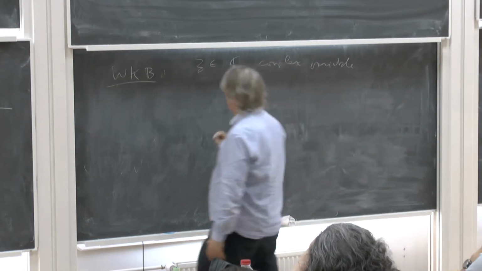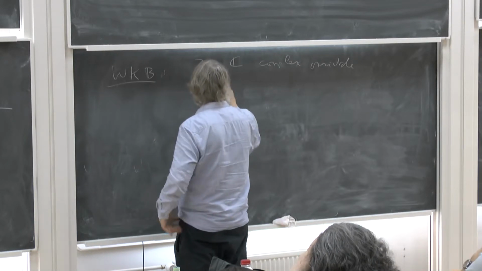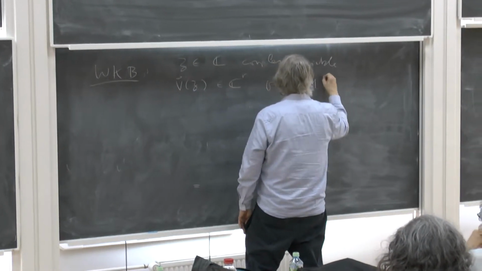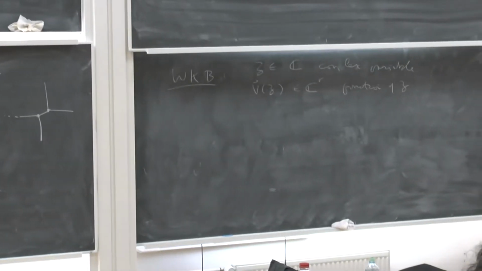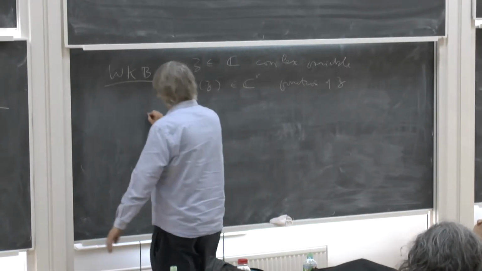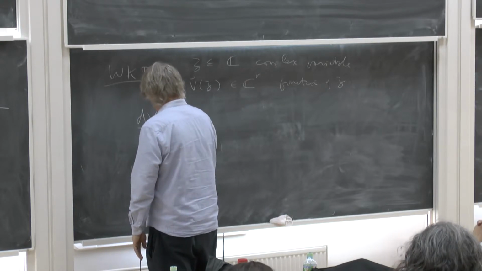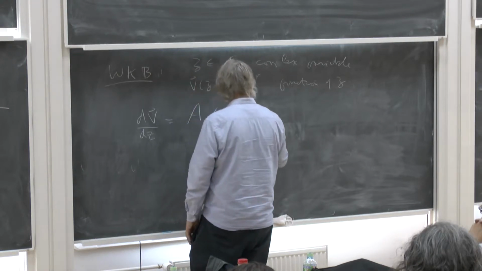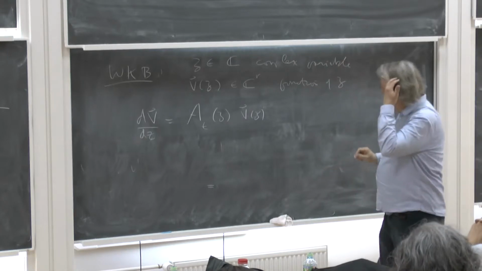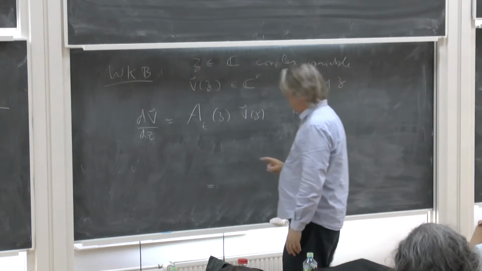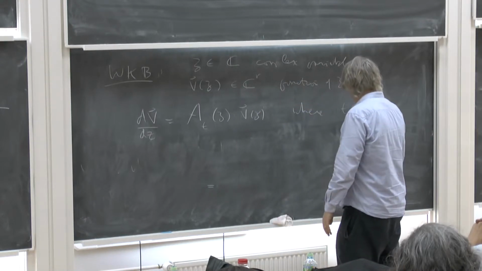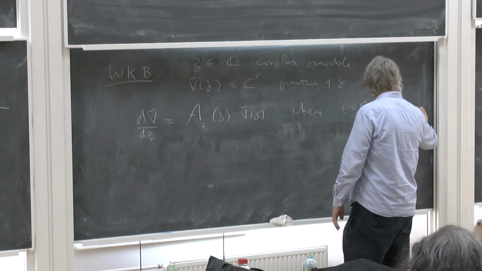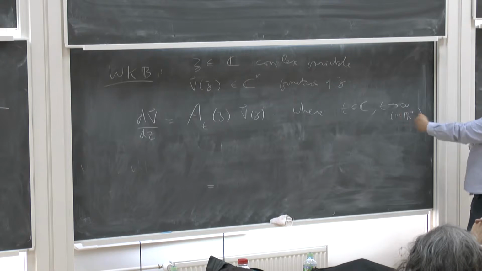We look for a vector which is a function of z, and we try to solve the equation dv/dz equals A_t(z) times v, where t is an extra parameter, which is going to go to infinity in the positive real direction.